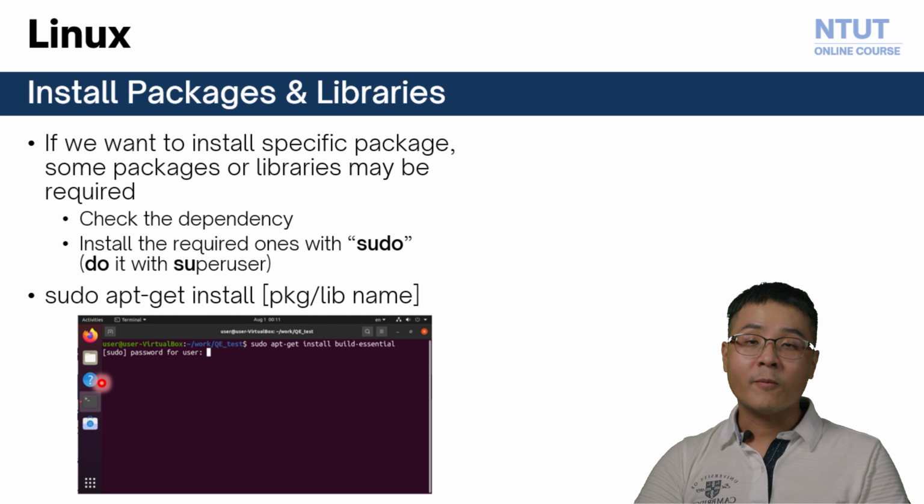So if you already know the name of the packages or the libraries, you can use the below command, sudo apt-get install, and add the name of the packages and the name of the libraries after the command.